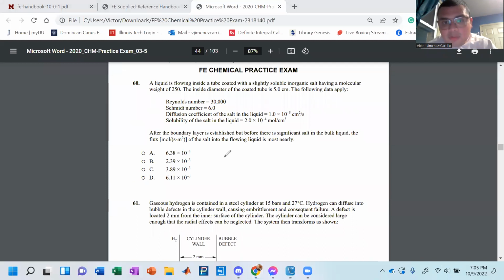So a liquid bulk molecular flux equation is described as Na is equal to KL, which is just the mass transfer coefficient, times the concentration coming in minus the concentration touching the wall, which is normally 0.